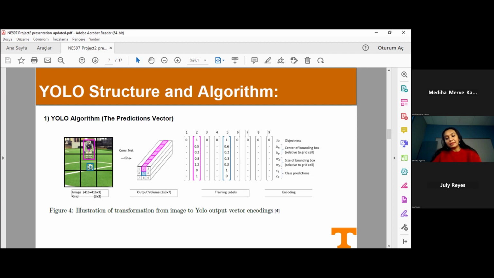Once it has the grid, first you give it an objectness score, and some grids have no objectness score because there is no center of an object. It checks the class probabilities, what kind of object is there, and then it predicts the bounding box depending upon the class of the object.